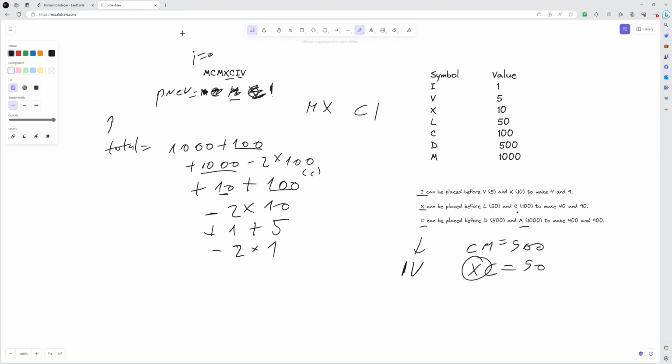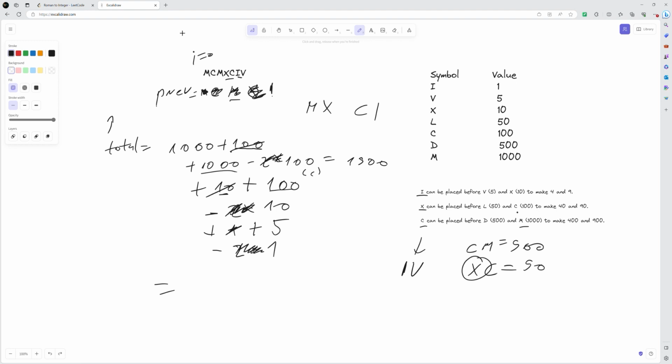And so what we will have, we will first cancel out this with this, leaving it to only 100. Then we will cancel out this, leaving this to 10. We will cancel out this, leaving this to 1. So we will have 1,000, 2,000, but then 2,000 minus 100, which is equal to 1,900.